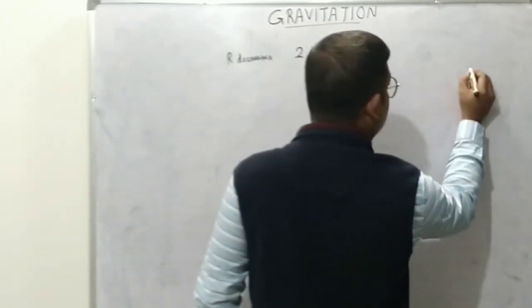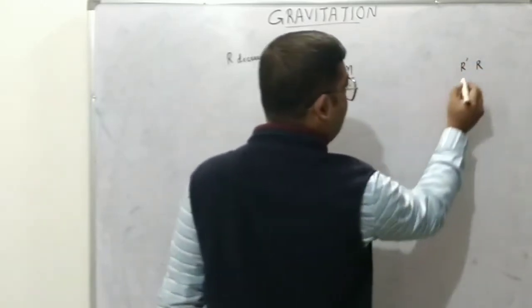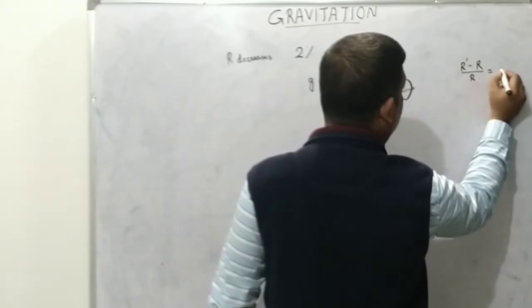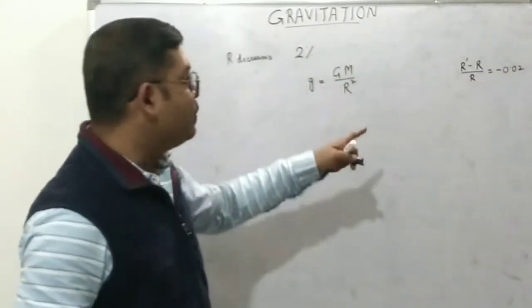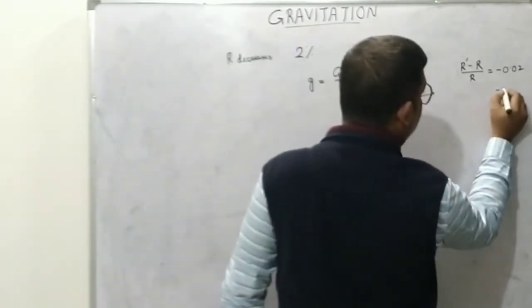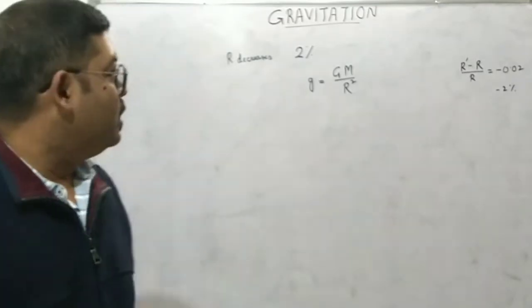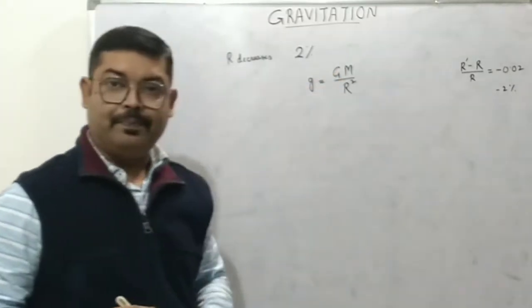So if r was the initial radius and r dash is the final radius, then (r dash minus r) by r will be minus 0.02. In terms of percentage, it will be minus 2%. We need to remember that. Final radius is smaller, so the r becomes smaller. The mass remains the same.